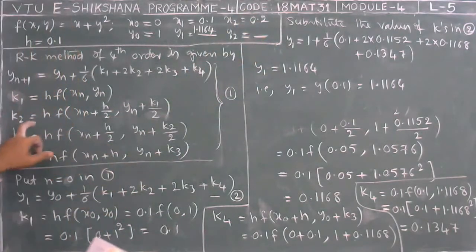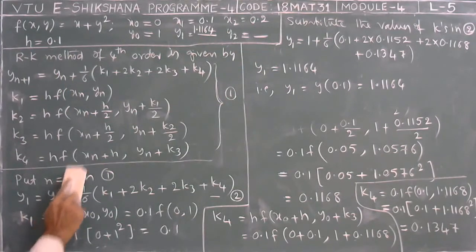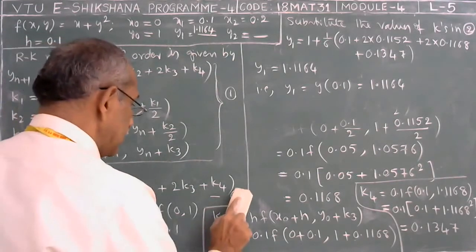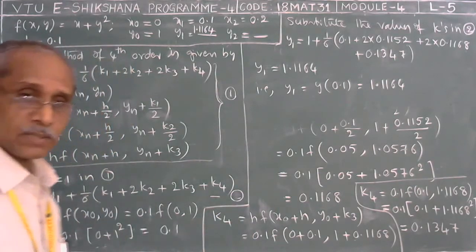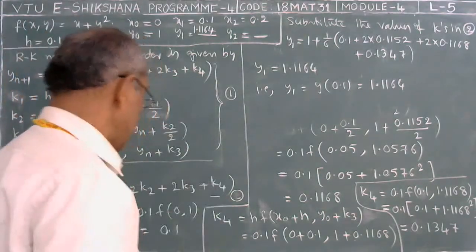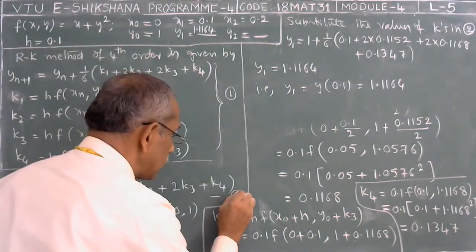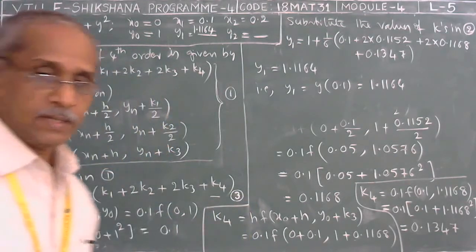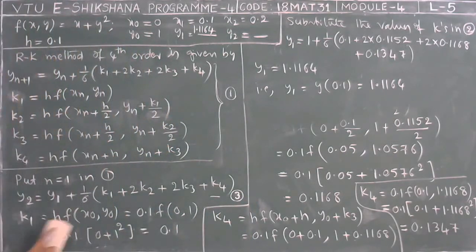So I have to fix n is equal to 1 in 1. Put n is equal to 1 in 1. So you get y2 is equal to y1 plus 1 by 6 times k1 plus 2k2 plus 2k3 plus k4. Call this equation 3. Now let me calculate k1.